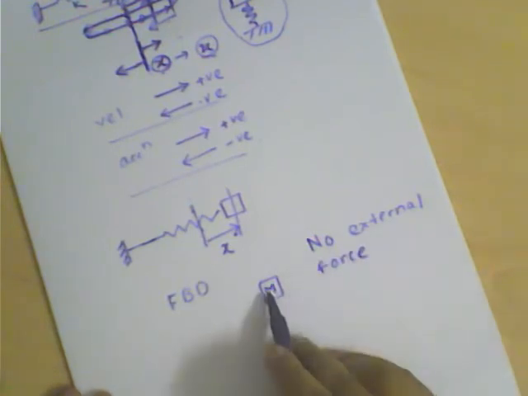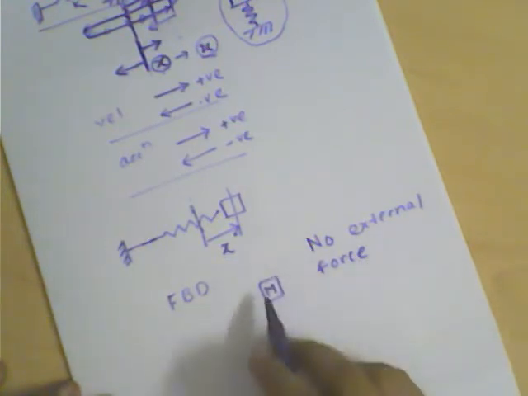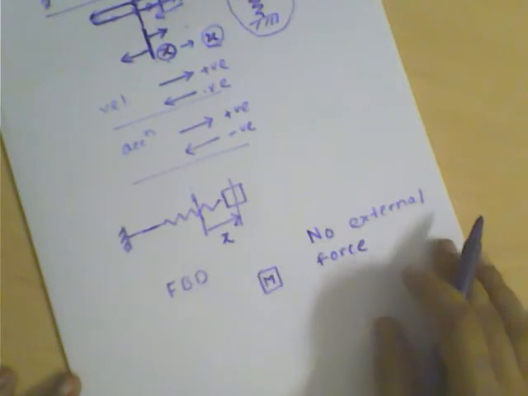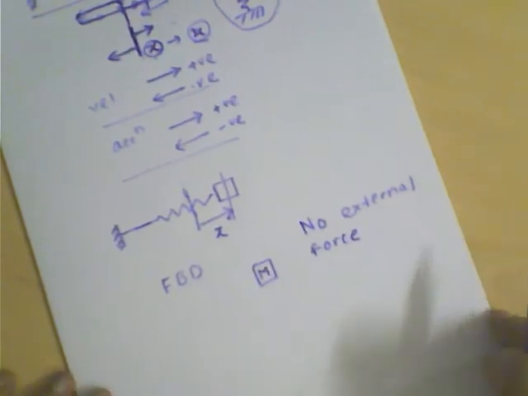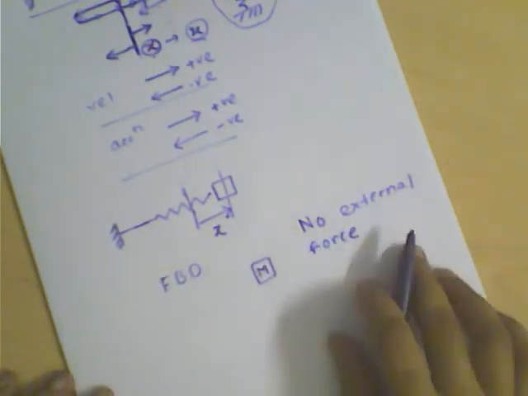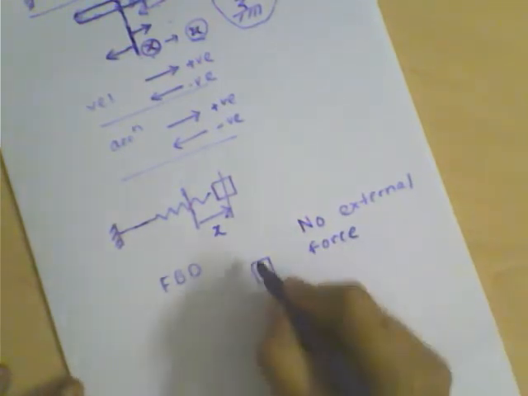The mass is performing oscillatory motion because of the initial condition that you have given. These things will be clear to you when you see the solution. We'll try to understand how exactly the mass performs this oscillatory motion by giving an initial condition once we know the solution.